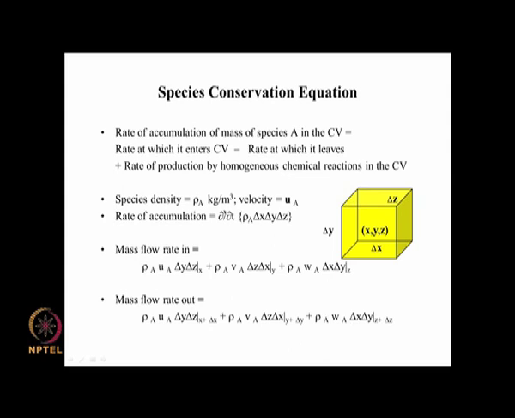Okay. So now, just like we have done for a fluid, let us define a species density rho A in kilogram per meter cubed, and we can also define a velocity vector u A of species A. Therefore the flow rate of species A through a particular face can be rho A times u A dotted with the area vector of that particular surface.